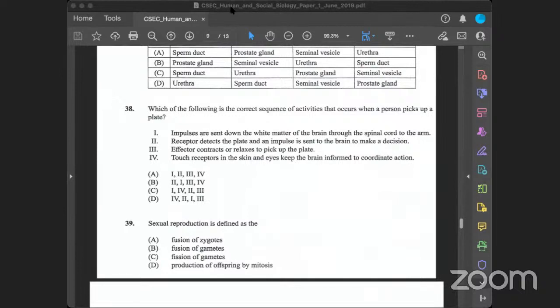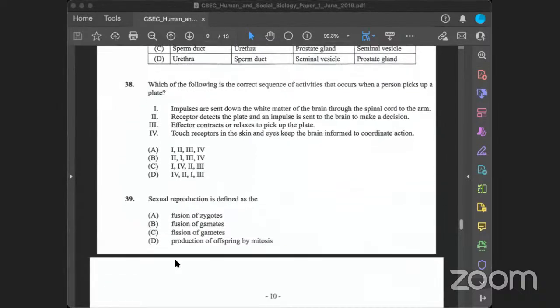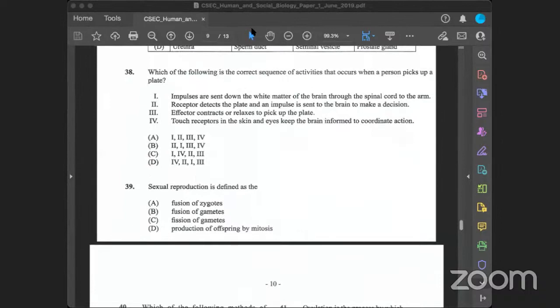39. Sexual reproduction is defined as the fusion of gametes. B. Yep. Why is it not gonna be D?